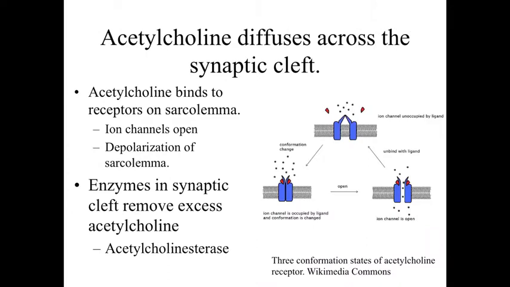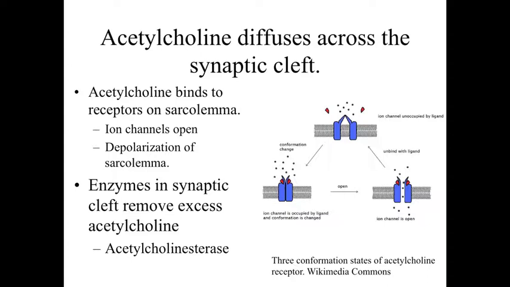That acetylcholine diffuses across the synaptic cleft, across the gap, like molecules do within the body, and binds to receptors on the sarcolemma. So the acetylcholine released by the nerve cell, the presynaptic cell, binds to receptors on the muscle cell.